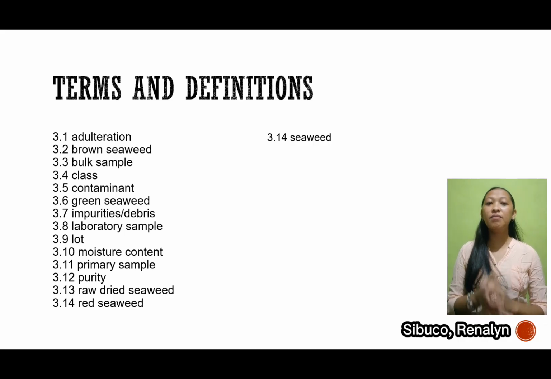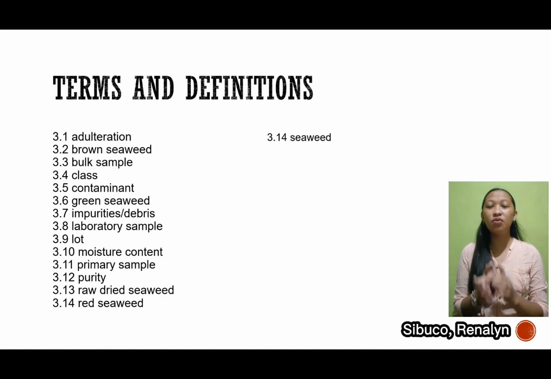Contaminant, any biological or chemical agents and residue, heavy metal, foreign matter, or other substances not intentionally added to raw dried seaweed, which may compromise food safety and suitability for its intended use. The green seaweed, it is light or dark green in color, characterized by the presence of chlorophylls.